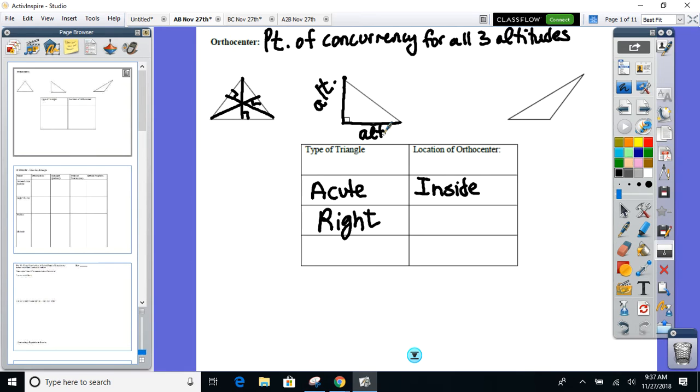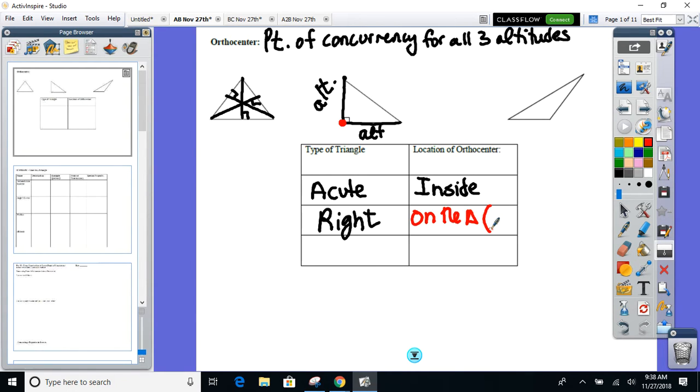You see where those two intersect? What's that point? Where the altitudes intersect, what's that point called? Orthocenter, yeah. So for a right triangle, it's not inside. It's not outside, but it's on the triangle.